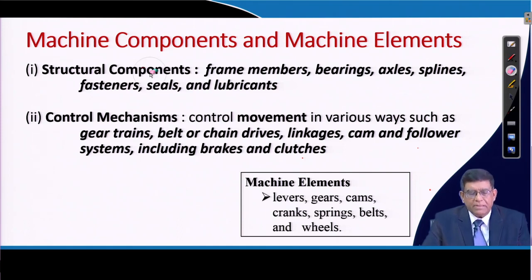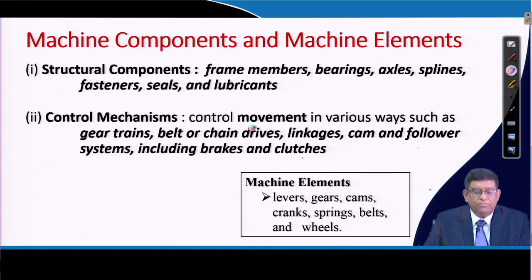So that it can stand, move and work, structurally it should be suitable for working, and that comprises frame members, bearings, axles, splines, fasteners, seals and lubricants. A lot of things are there in making that structure.